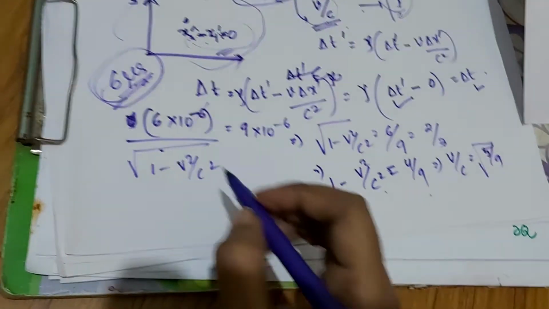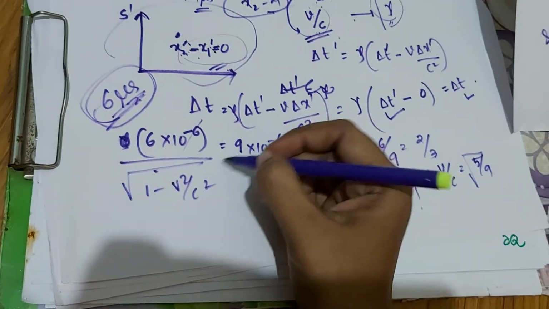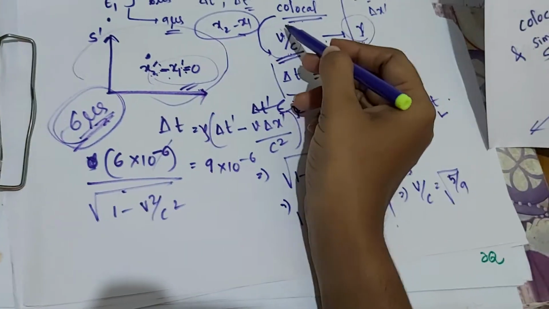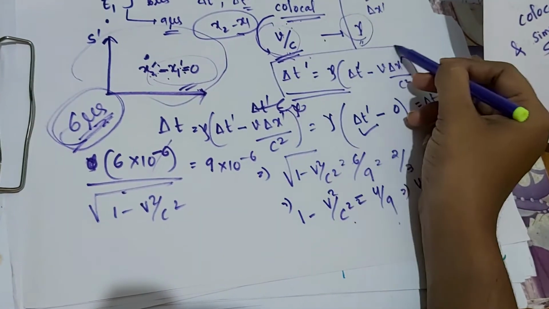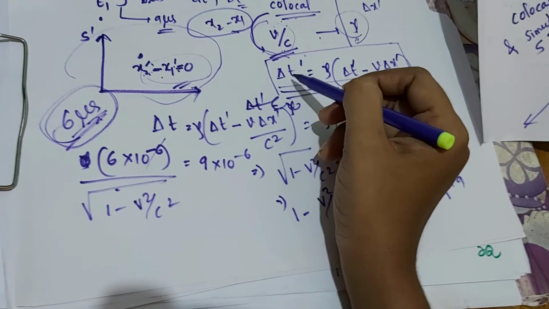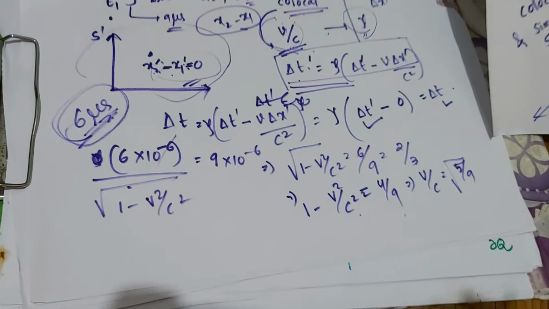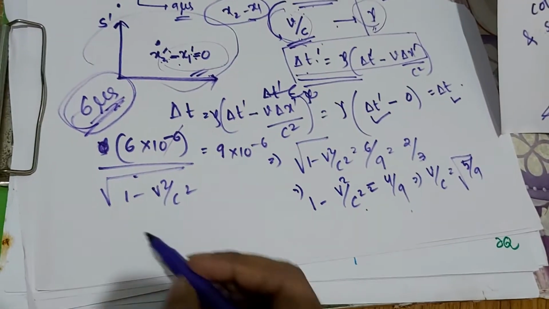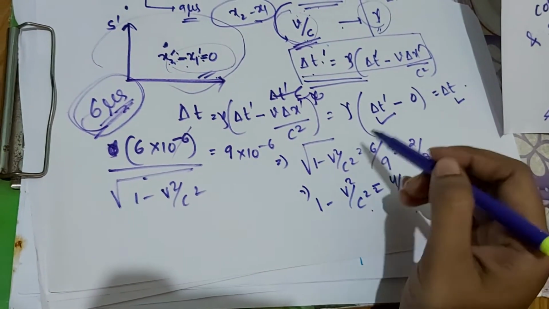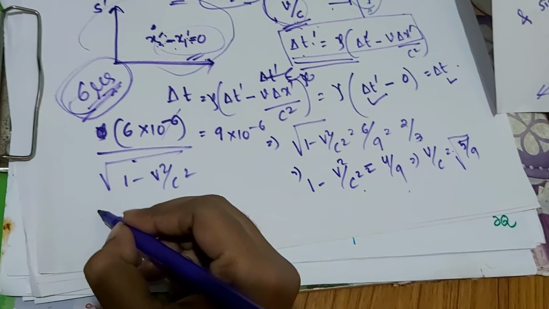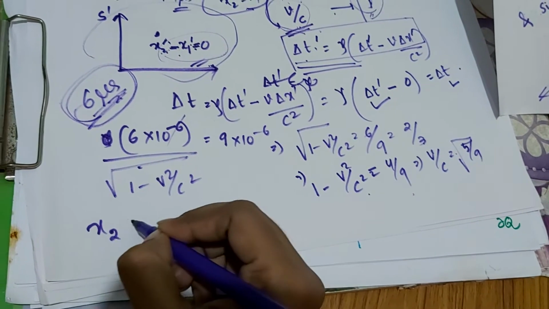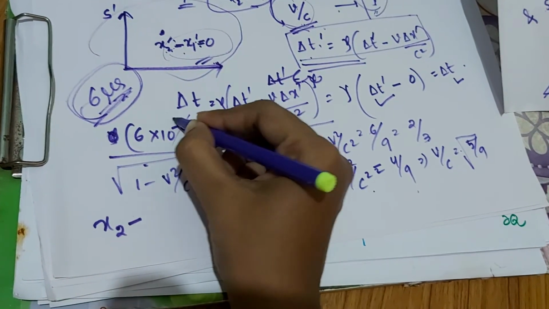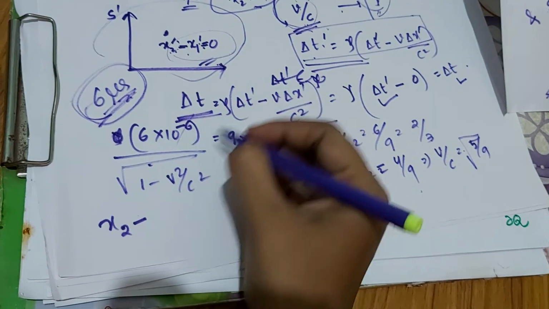So now I'll jump to the next part. Whenever there is co-local, take the time separation part Δt' in order to find out the v by c part, and we have to substitute this in the second part. Now we come to the question, which is to find x2 minus x1, that's why we have taken Δt.